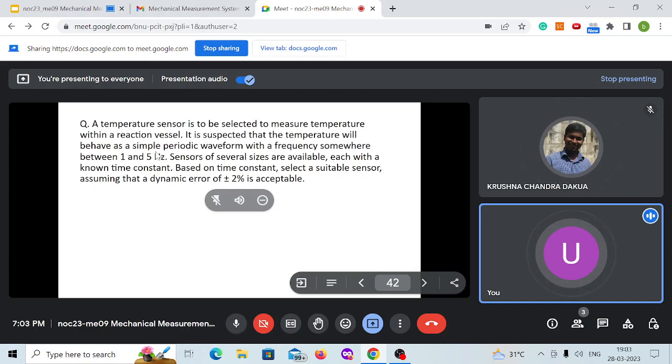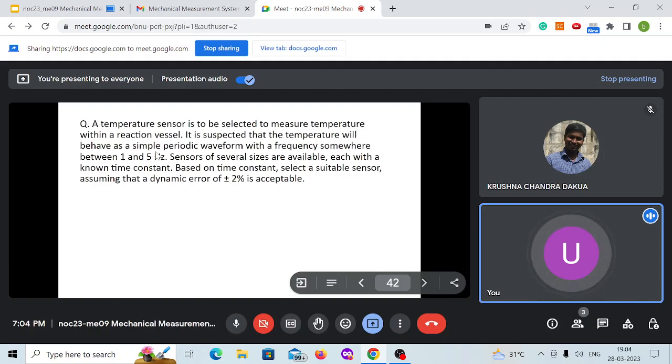Then we move on to the next question. A temperature sensor is to be selected to measure temperature within a reaction vessel. It is suspected that the temperature will behave as a simple periodic waveform with a frequency somewhere between 1 and 5 hertz. Sensors of several sizes are available, each with a known time constant.